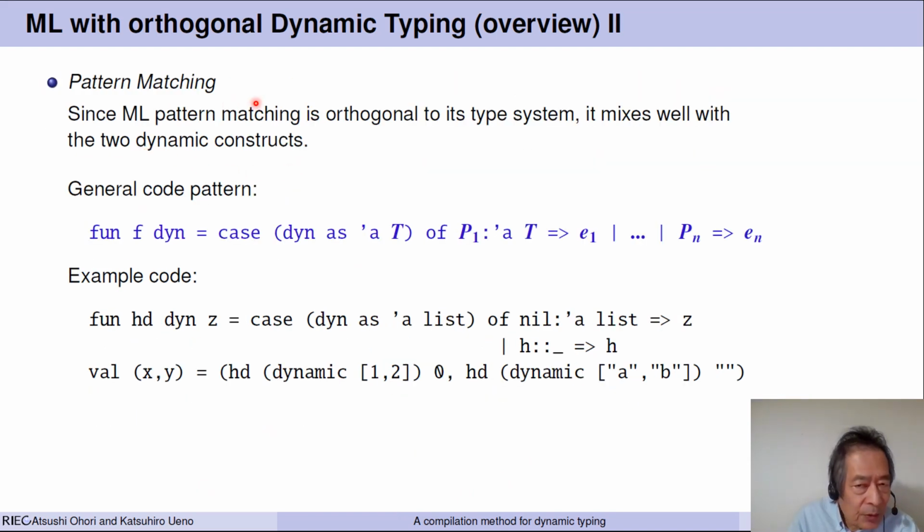Pattern matching is also no problem, because ML pattern matching is orthogonal to its type system. So you can write this kind of code, function f taking Dyn and doing coercion to some polymorphic type constructor and doing case analysis of this constructor. For example, if T is a list, then you get the ordinary list pattern matching.